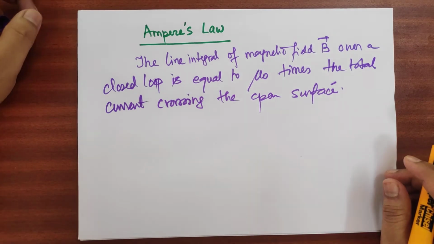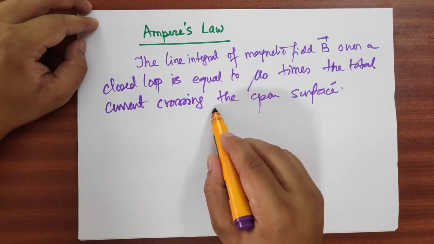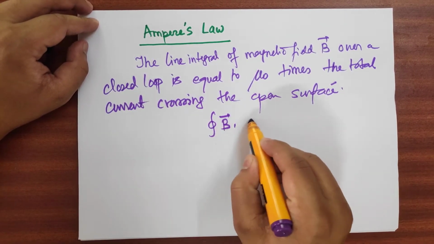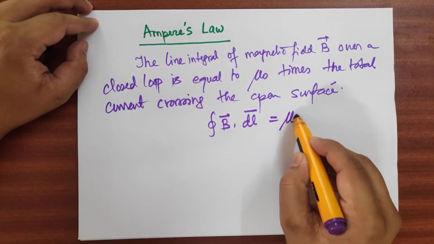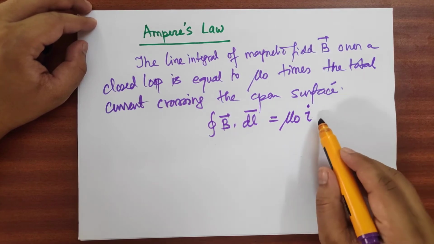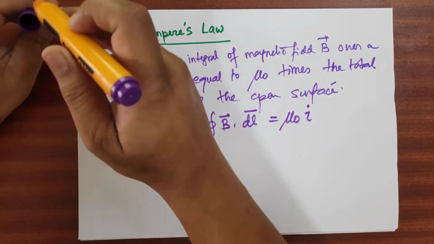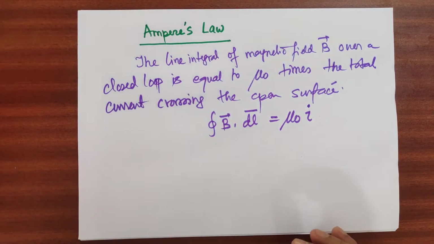So that means the integral of B dot dl over this closed loop is equal to mu 0 into I. What is I? I is the total current crossing the open surface.